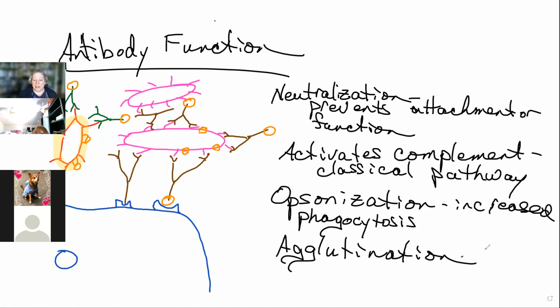And so agglutination is clumping. And that makes it easier for the phagocytes to clear them out, because if I can eat 2 or 3 or 10 bacteria in one swallow, that's a whole lot faster than picking them off one at a time. Same thing with viruses. All right, how are we doing on antibody function?